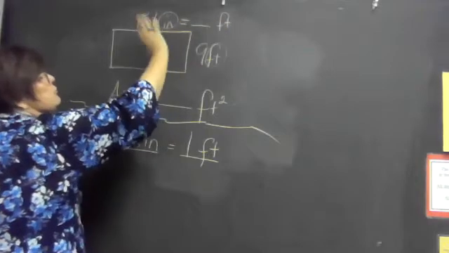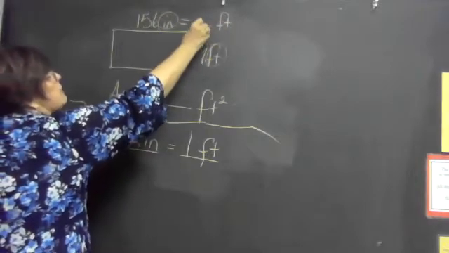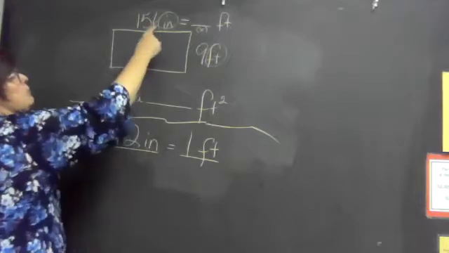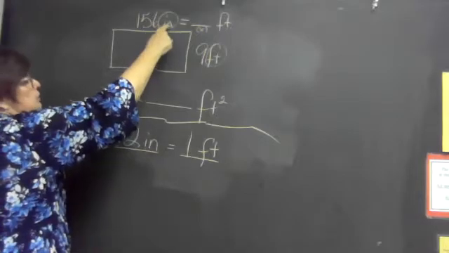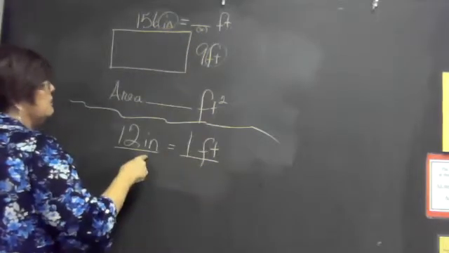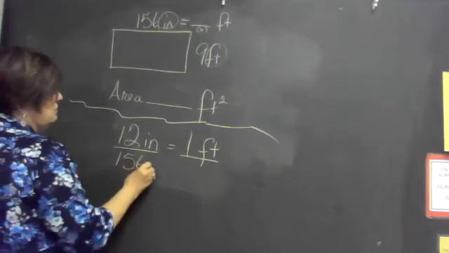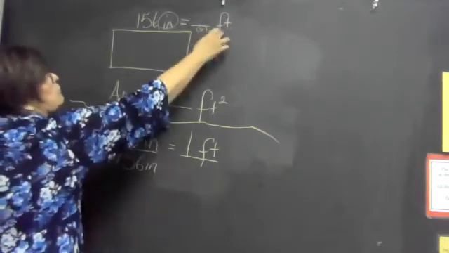So the more things you write out for yourself, the better. This is X right here. So we have to put this in the inches column, wherever the inches are. So 156 inches. And then we don't know the feet.